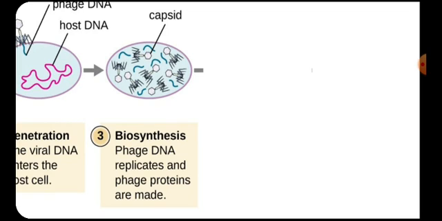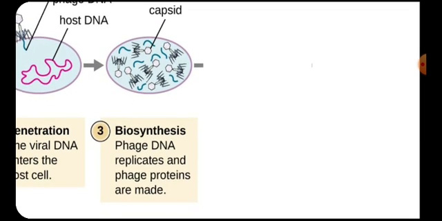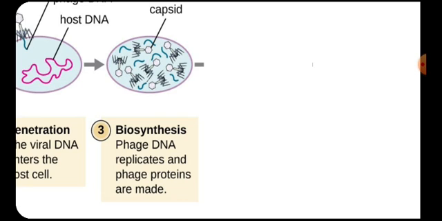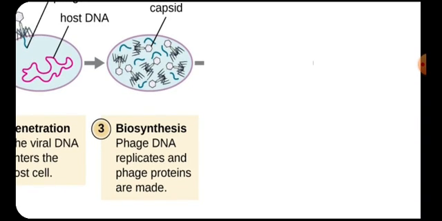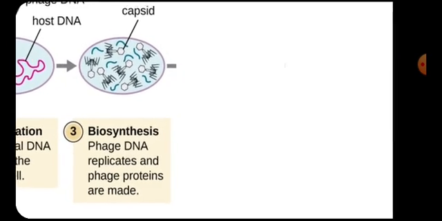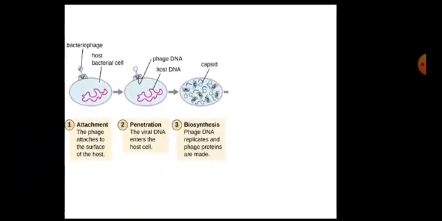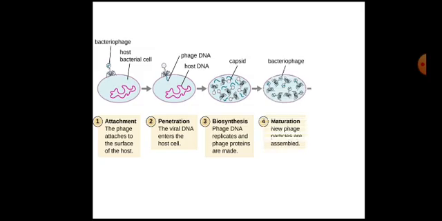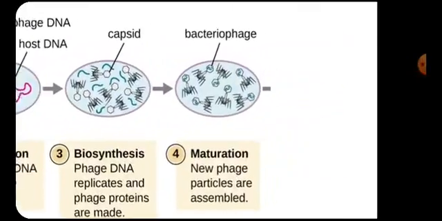Assembly means whatever the genetic material, phage DNA, which is synthesized, and all the structural components, they start assembling. As a result of assembly, the complete virion particle is synthesized.